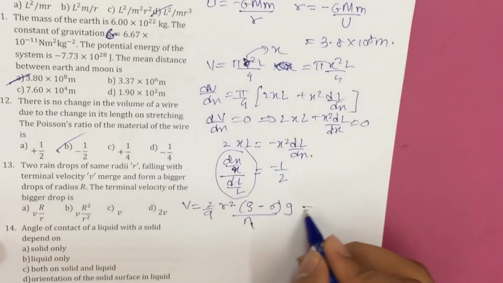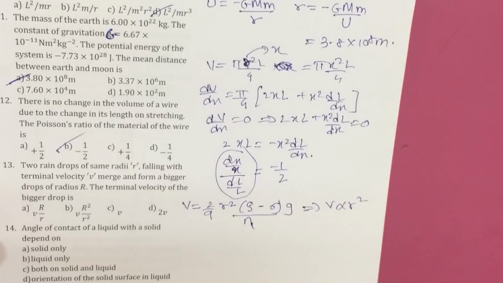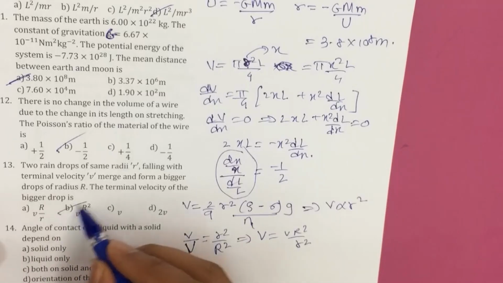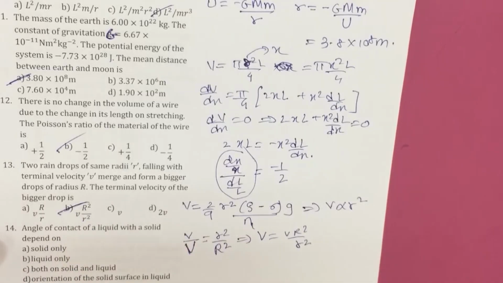So from here we can say v is directly proportional to r square. So small v by capital V will be equal to small r square divided by capital R square. So capital V will be equal to small v times capital R square divided by small r square. So the correct answer here would be option B.